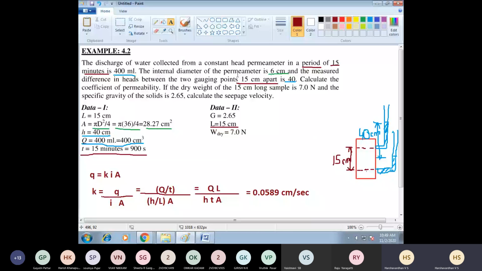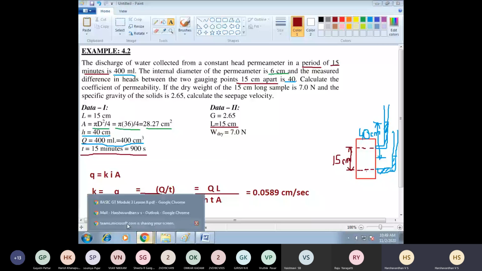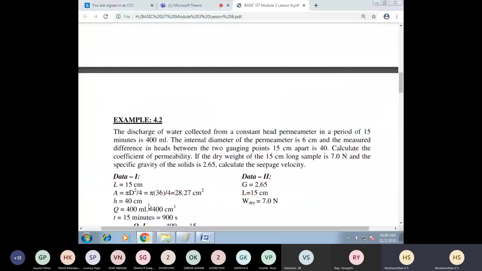Next, we have to calculate the seepage velocity. Now, I haven't explained to you the concept of seepage velocity, superficial velocity. Just remember this.